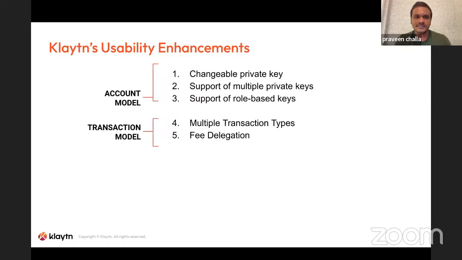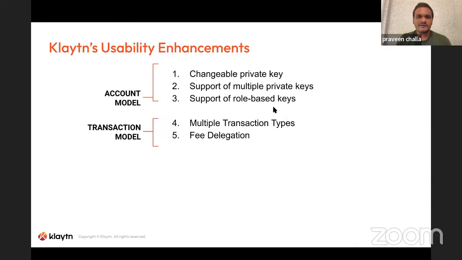To summarize, with the help of account models, we were able to change the private keys, because we decouple the key pairs from the address. We were also able to have multiple key pairs for a particular address, which means we can also give a feature of multi-signatures.